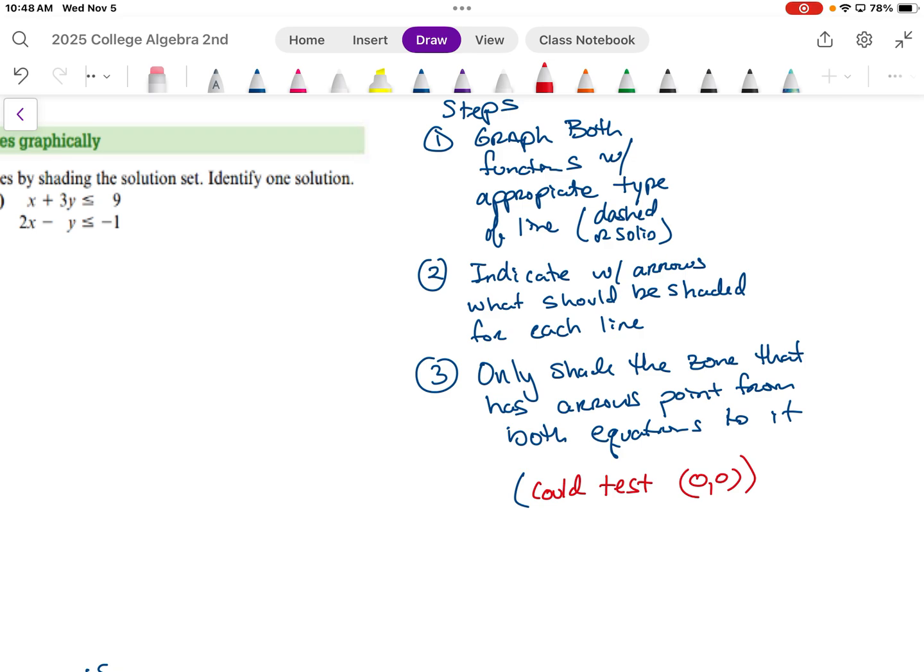Again, you could test 0, 0. You just got to make sure you test 0, 0 in both equations, and it's got to be true for both. Okay, if you like the testing 0, 0, I would suggest try testing 0, 0 a couple times to see if you like that method.